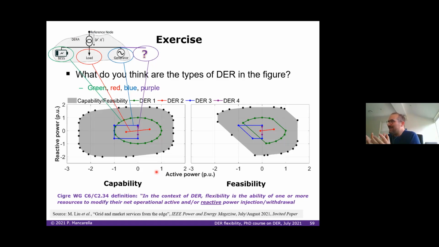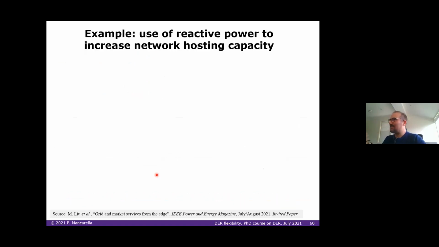They are really important because they add lots of flexibility, not only in steady state terms, but also in dynamic terms, though that would be a much more complex discussion. And this reactive power modulation is essential because it can significantly enhance the hosting capacity of a network.